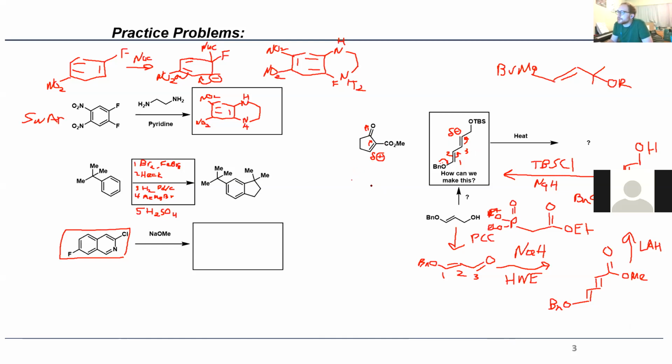Now I'm going to draw the diene here in the s-cis configuration, which will, in perspective, look like this. This should be very familiar to us by now.